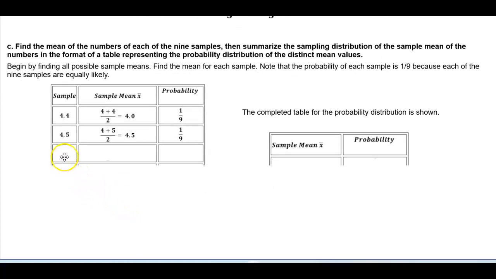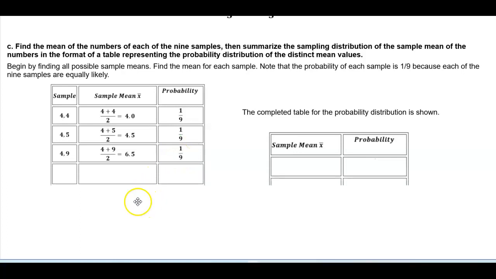Next we have the sample of 4 and 9. We're going to find the mean of those two values. So 4 plus 9 divided by 2 gives us 6.5, and the probability of that happening is 1 out of 9. The next we have 5 and 4. If we take 5 plus 4 and divide that by 2, that gives us 4.5, and therefore the probability of that happening is 1 out of 9.